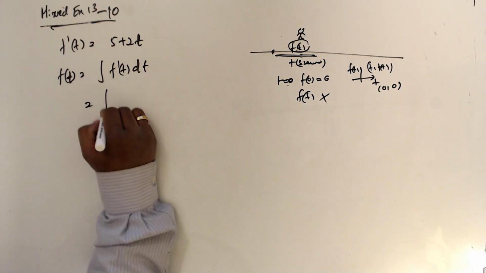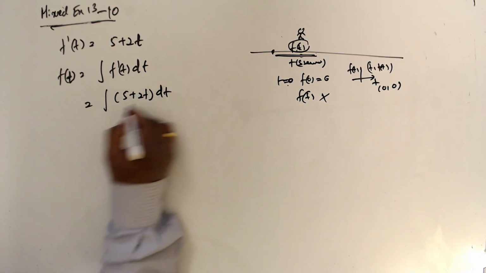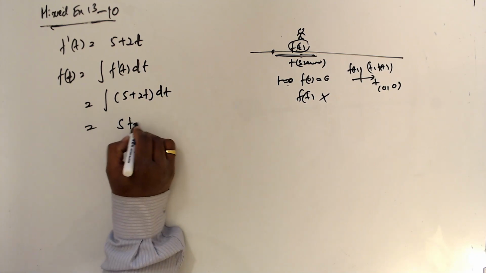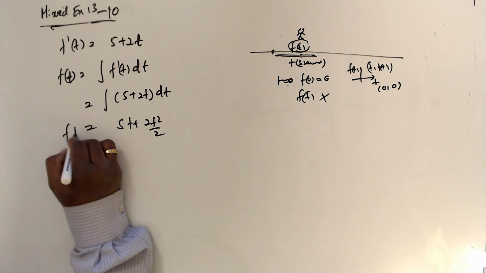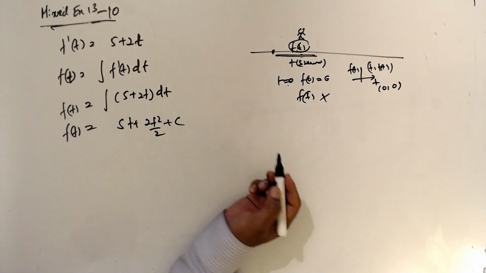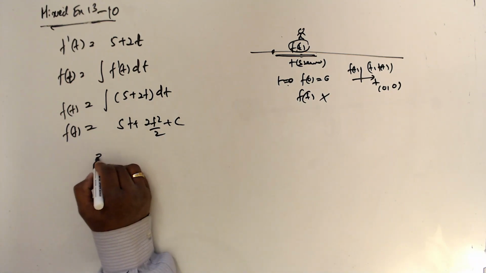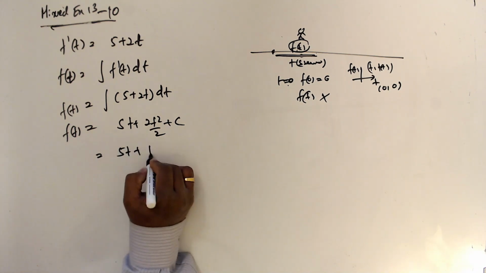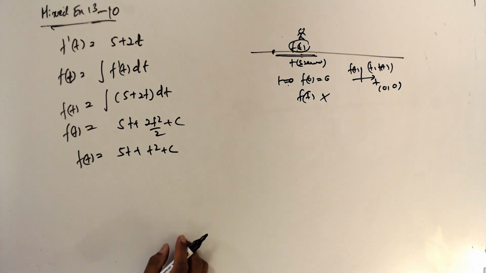So this is the integral of (5 plus 2t) dt, which is 5t plus 2t squared over 2 plus c. So the 2s cancel out: f(t) equals 5t plus t squared plus c.